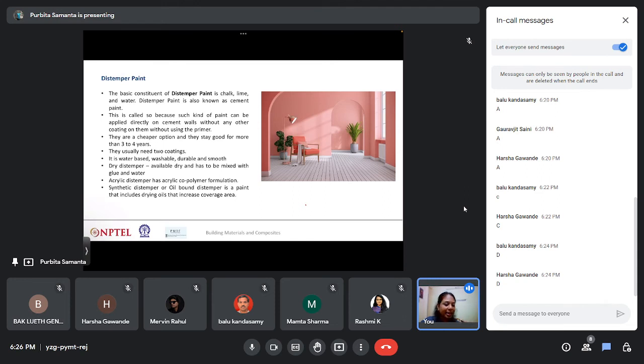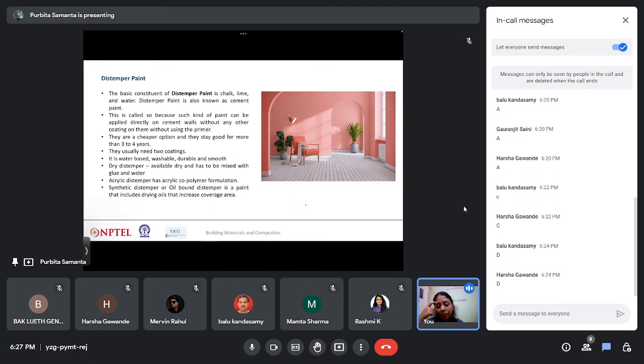For example, there can be dry distemper, which is available dry and needs to be mixed with glue and water. There is acrylic distemper, which, as the name itself suggests, has an acrylic copolymer formulation. There can be synthetic distemper or oil bound distemper as well. This particular paint includes drying oils and it increases the coverage area.